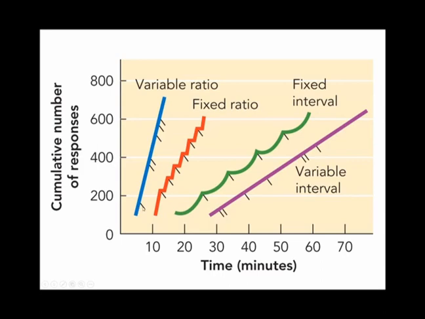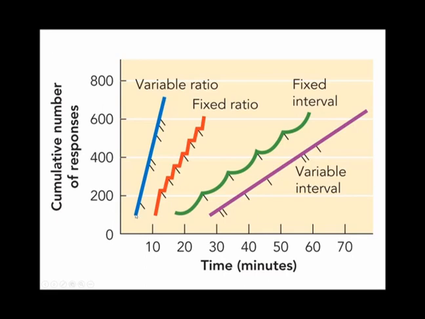And if we look at these tick marks on the side of this line, each tick is telling us that the rat received reinforcement. They got food for pushing the lever. And you can see, because it's variable, they're not occurring at nice even intervals. They're sort of happening at, not quite at random, but less consistently. So that's where that variability comes in.